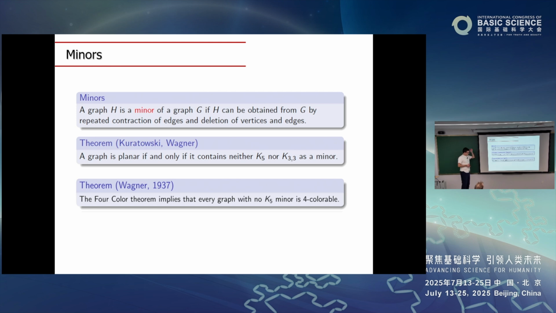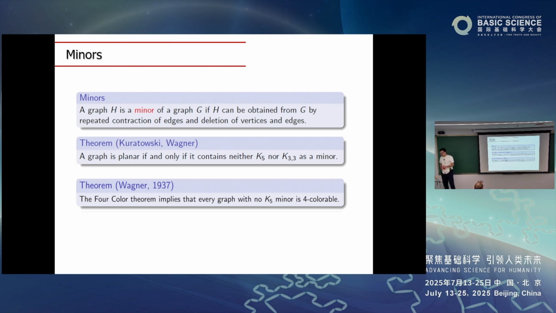In this setting, one of the first theorems about minors, and a classical theorem about graph structure, is a characterization of planar graphs in terms of minimally non-planar substructures. It says that a graph is planar if and only if it doesn't contain K5 or K3,3 as a minor.